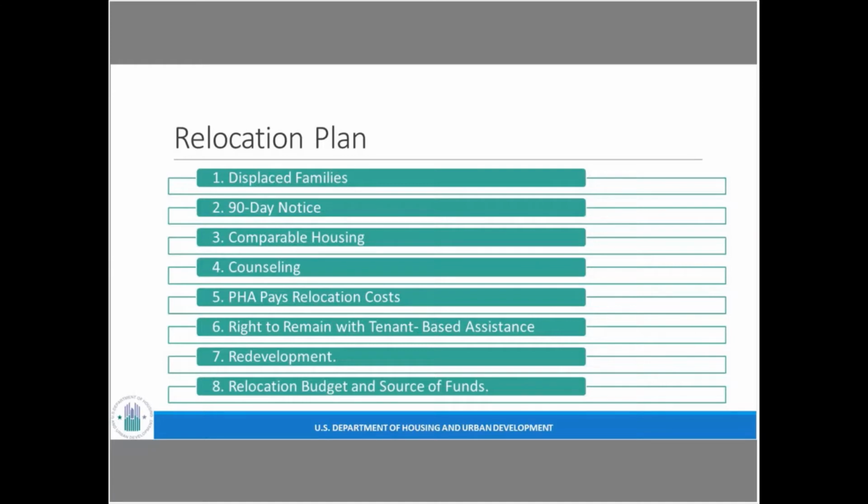They would need to offer the family, 1, the ability to stay in their units using tenant-based assistance, 2, the ability to move off-site with the tenant-based assistance with the housing authority paying the moving expenses, and 3, the ability to stay in their units using project-based assistance, provided the family provides their informed written consent, which we'll get to in a slide in a minute.